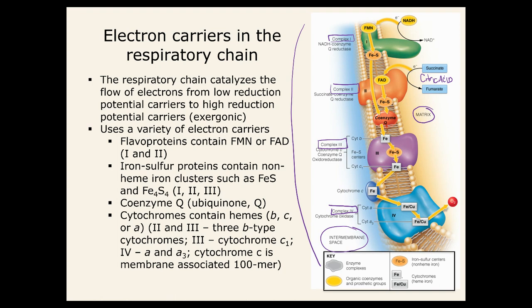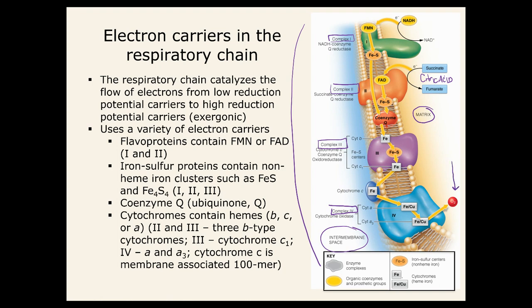So it's always going to flow from an electron carrier with a negative potential. It's going to pass it to one that has a more positive potential. And when it does that, it's because the one with the more positive potential wants the electrons more. It wants to be reduced more. Okay, ultimately, where does this end up? Look down here in this graphic.